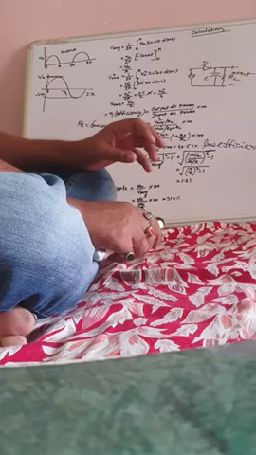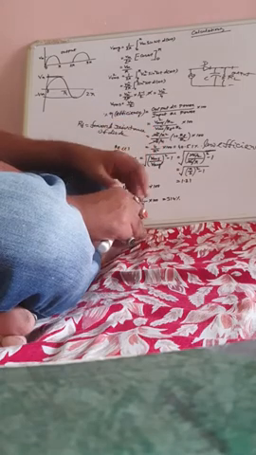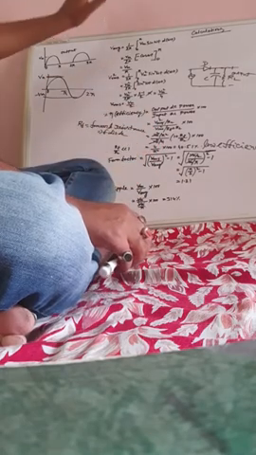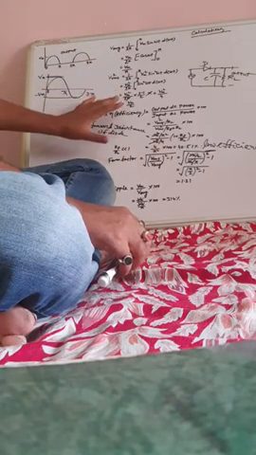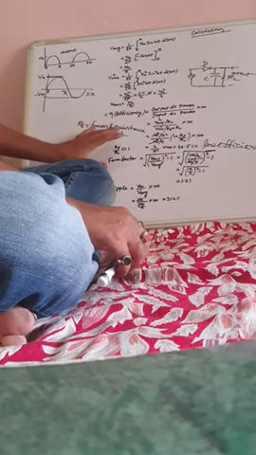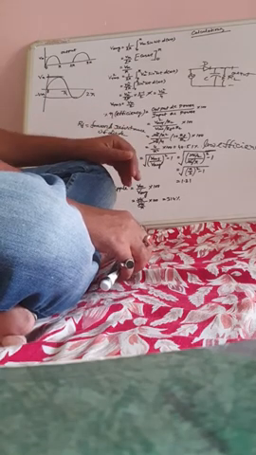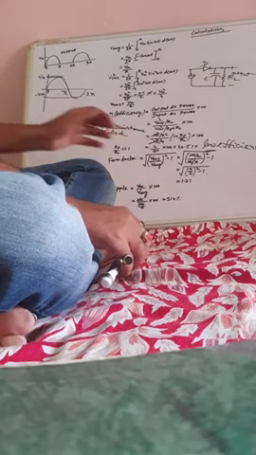You have 3 rectifiers in your syllabus: half-wave rectifier, full-wave rectifier and bridge rectifier. Today I have completed the calculations and the basic concept behind the half-wave rectifier. Tomorrow we will go to the full-wave rectifier, and after that we will go to the bridge rectifier.